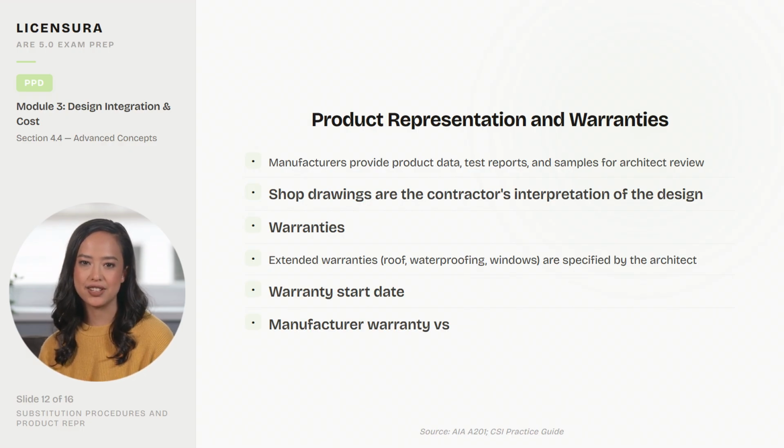Electrical panel locations conflicting with the architectural layout are prevented by coordinating electrical room sizes during DD. Structural penetrations for MEP not coordinated are caught by requiring MEP to locate penetrations on structural drawings. Building floor elevation not matching site grading is verified by checking finished floor elevation against the civil grading plan.